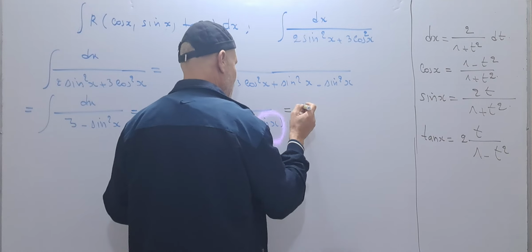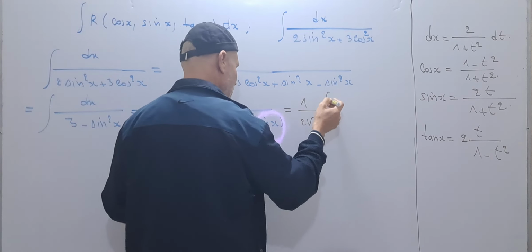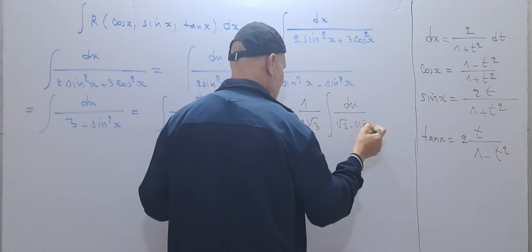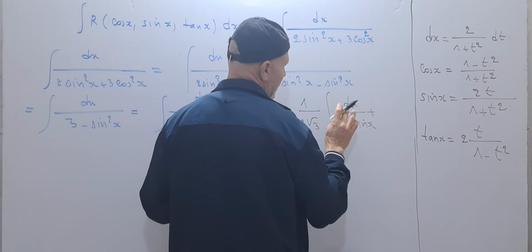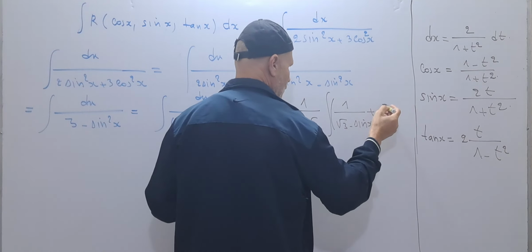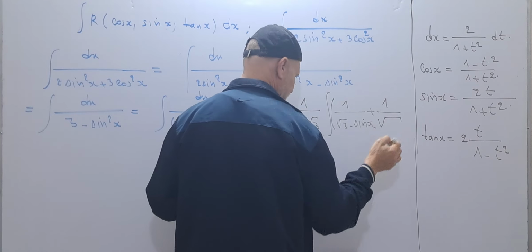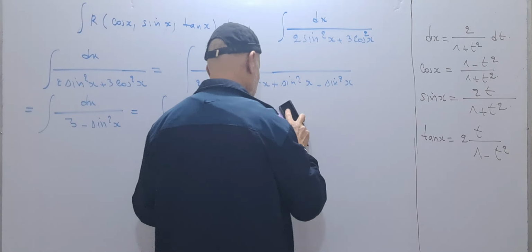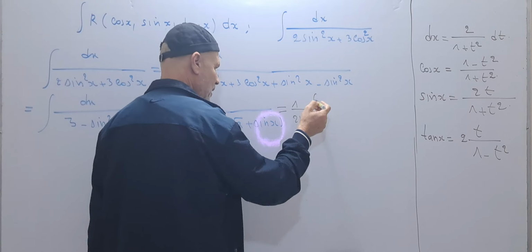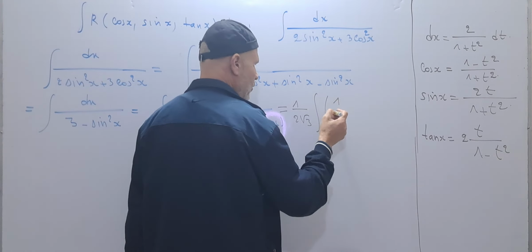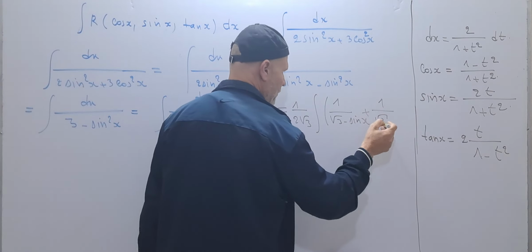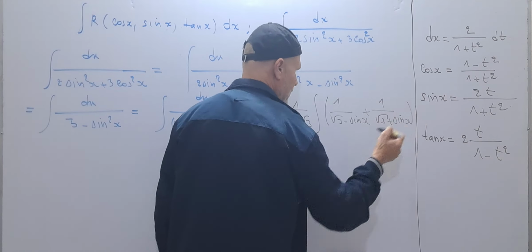We get this is equal to 1 over 2 the square root of 3, the integral of 1 over the square root of 3 minus sine x plus 1 over the square root of 3 plus sine x dx.